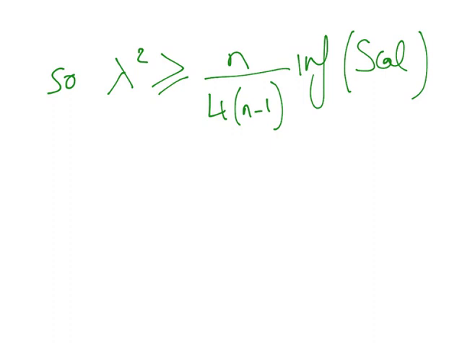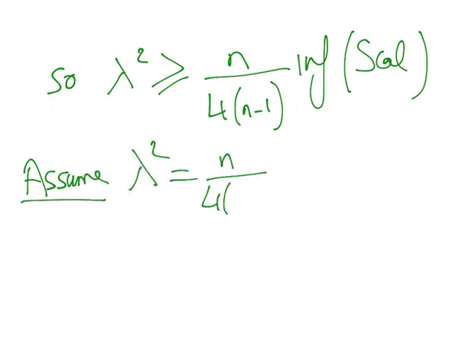which is the Friedrich inequality. Let's try to characterize first the limiting case, or the equality case. Assume that lambda squared is equal to n over 4(n minus 1) times the infimum of the scalar curvature.